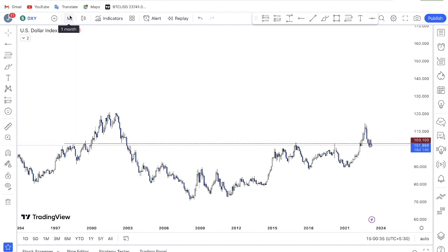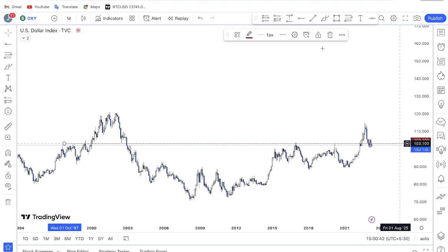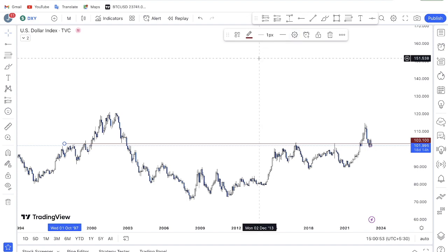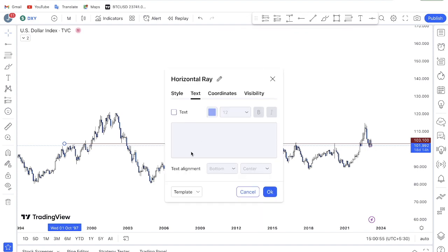So we have to zoom into the lower time frame in order to have a clear picture of where price is actually going. So we'll make this our key higher time frame level. In order for us to be able to know what we're doing, we'll make it our higher time frame level.